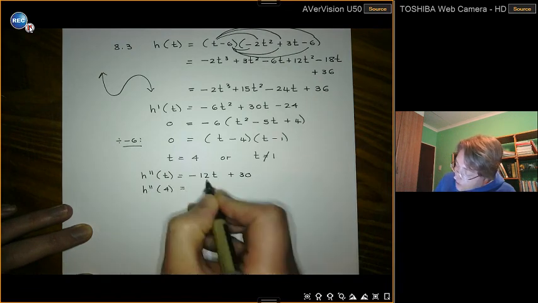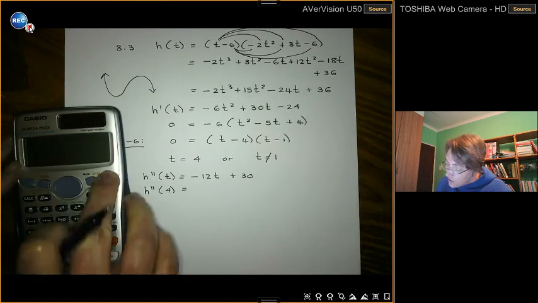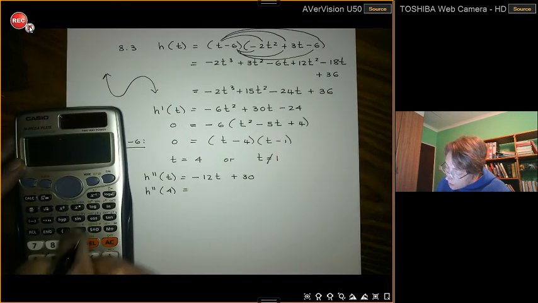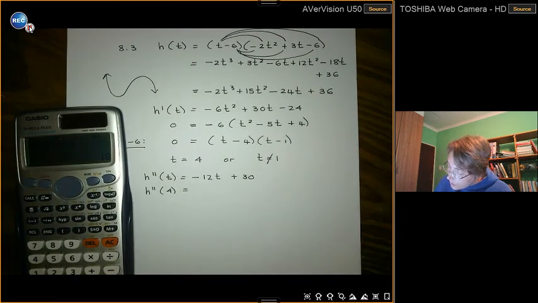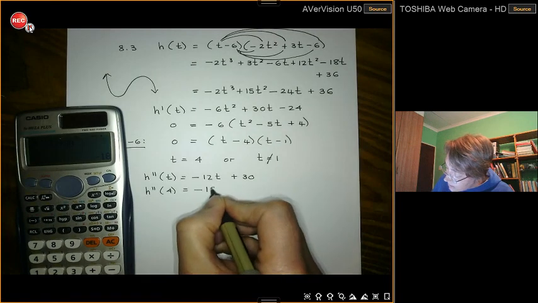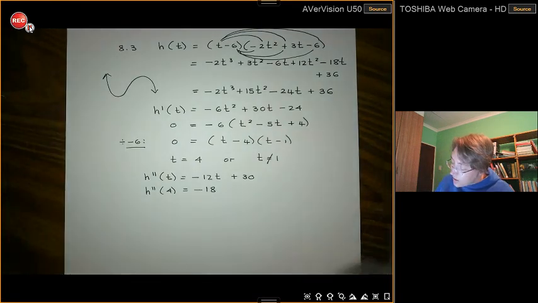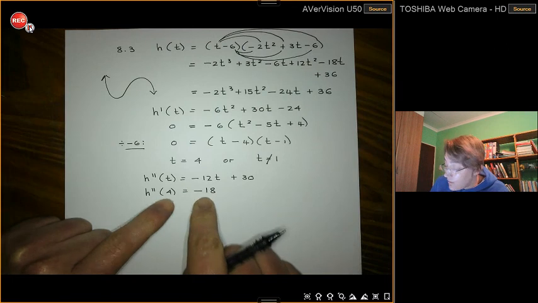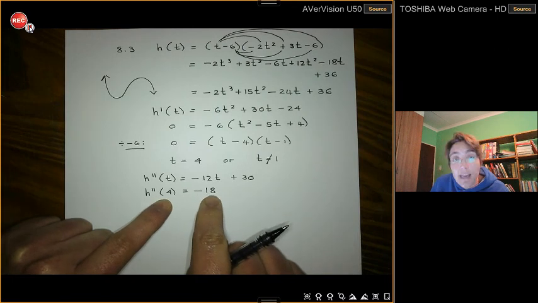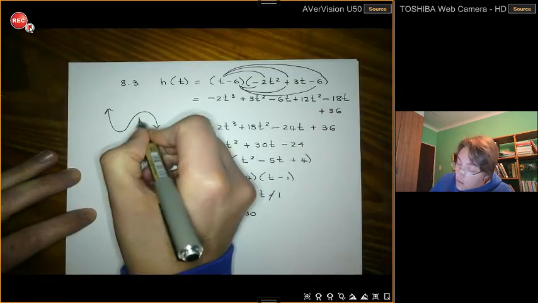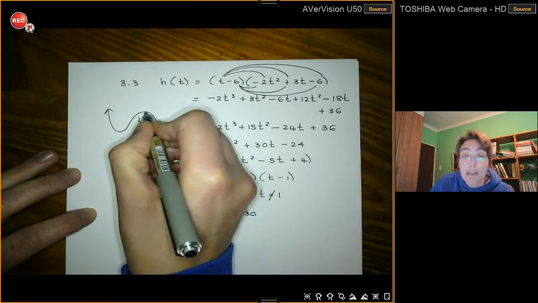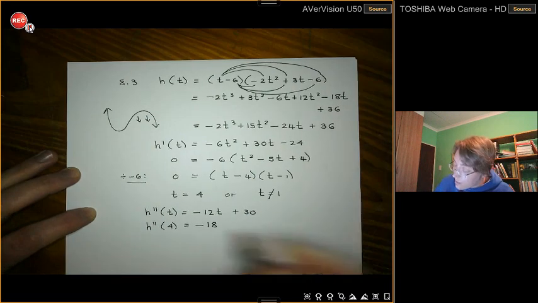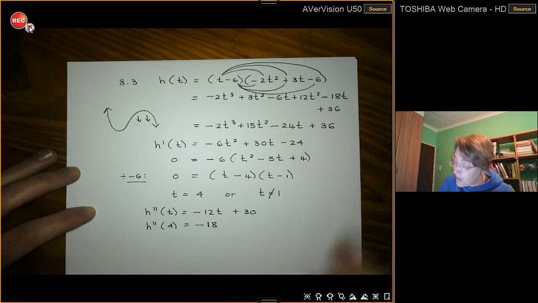If I substitute t with 4 over there, I can just say it's minus 12 times 4 plus 30, which is going to give me minus 18. And because the second derivative is negative, you guys should know by now, second derivatives are negative where it's concave down, which means it's going to be a maximum. So this is a maximum, so you know for a fact the other one's going to be a minimum.